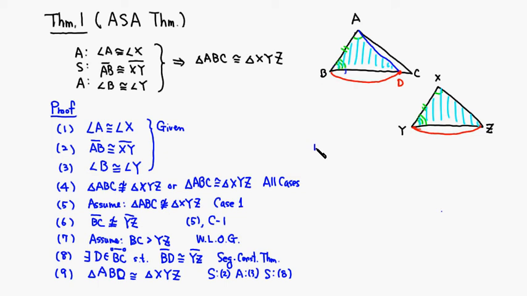And line 10. Alright, if the triangles are congruent, then we know that angle BAD is congruent to angle X, because BAD corresponds to X. So the justification would be corresponding.